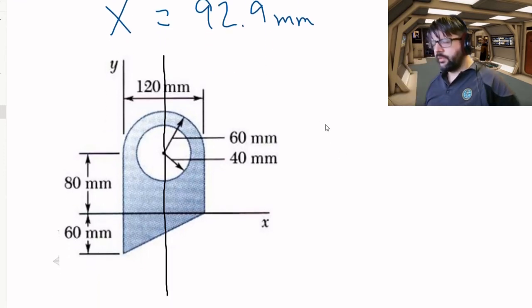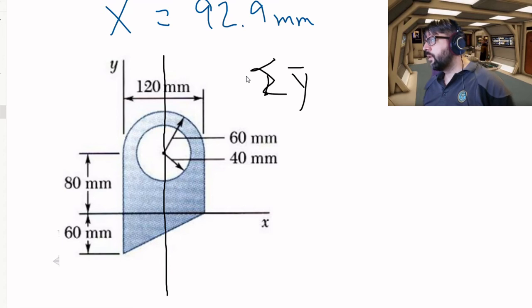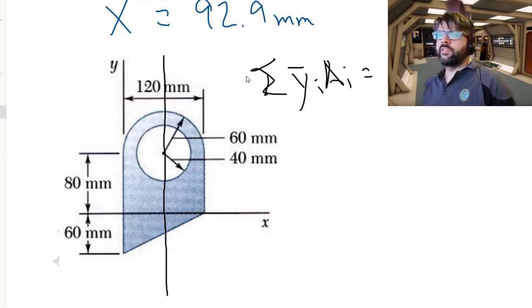then when we add up our Y bar components, or Y bar A components, basically the Y bar ends up being 0 for everything but this triangle, because the centroid of the circle here, that's going to be right here.